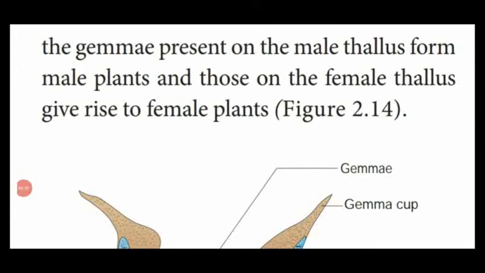Gemma cups present on the male thalli produce male Marchantia plants. If present on the female thalli, they produce female plants of Marchantia. That is vegetative reproduction by the formation of gemma cups.